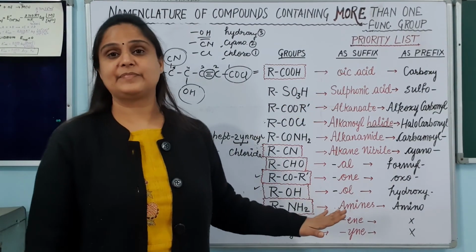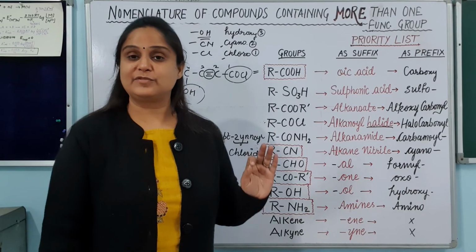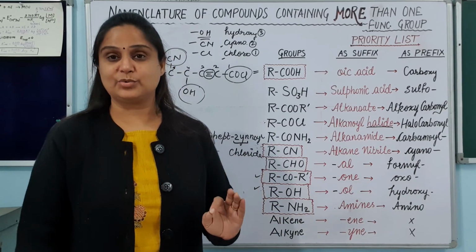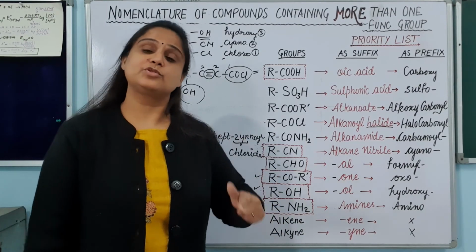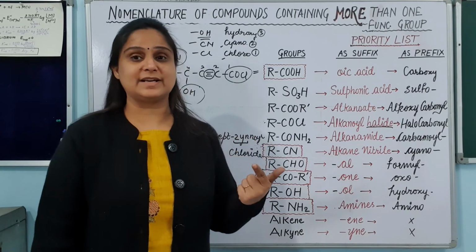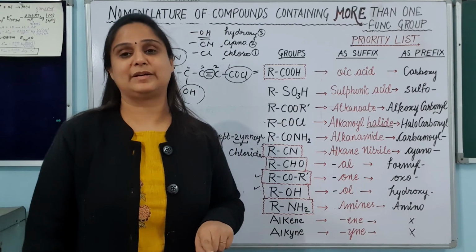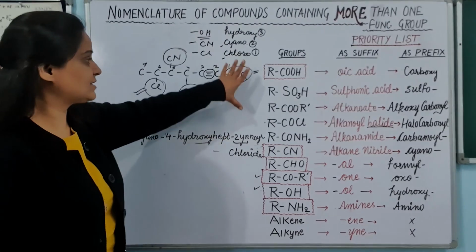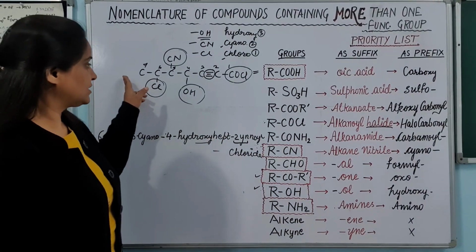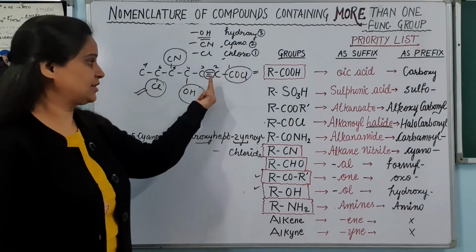I hope you can understand that we have to number the chain, which is very important. We have to number the chain according to the major functional group. So first you decide what you are taking as the major functional group, then you number the chain. Otherwise I could have taken the chain from this side, or from that side.